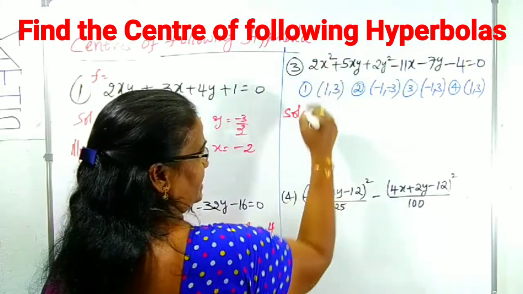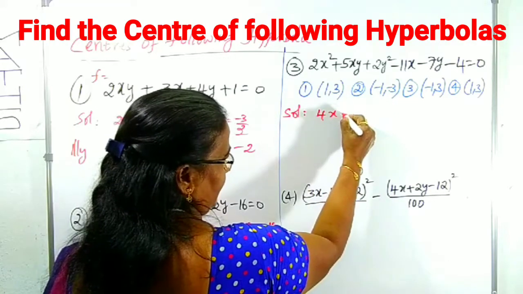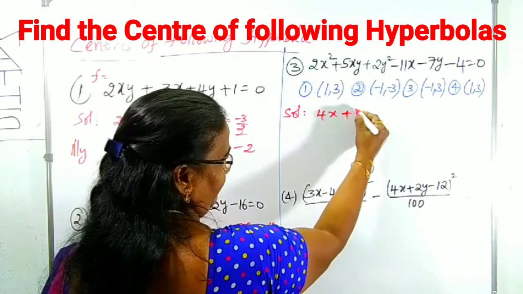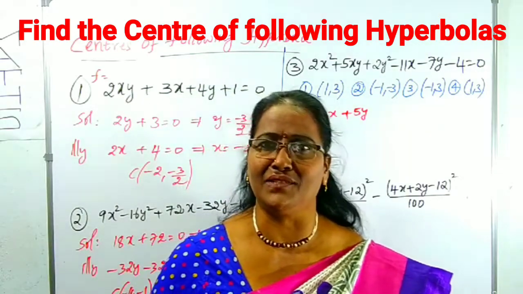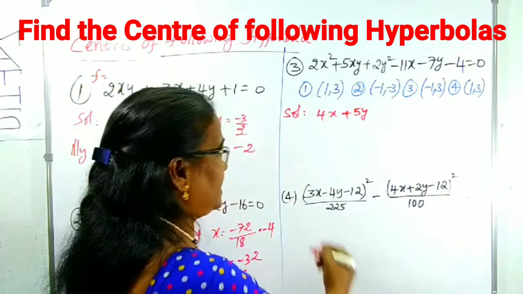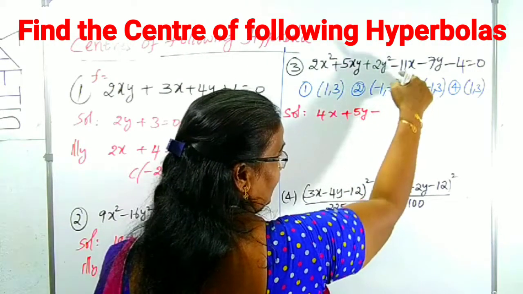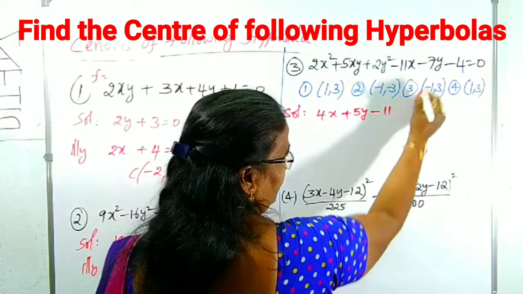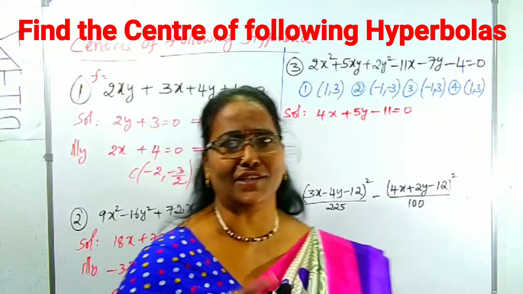2x square derivative is 2 into x square derivative, 2x, means 4x, plus 5xy derivative 5y, because 5y is constant and x derivative is 1, right? Next, plus 2y square, itself only constant, 0, minus 11x derivative is 11. These two derivatives 0. We got one of the equations in terms of x and y.